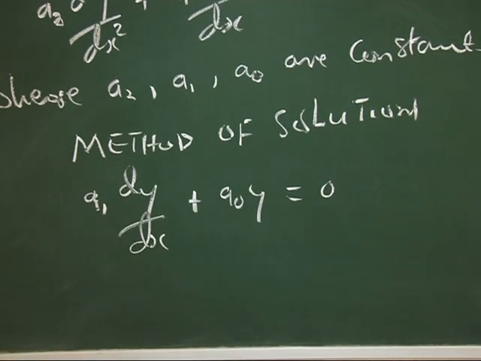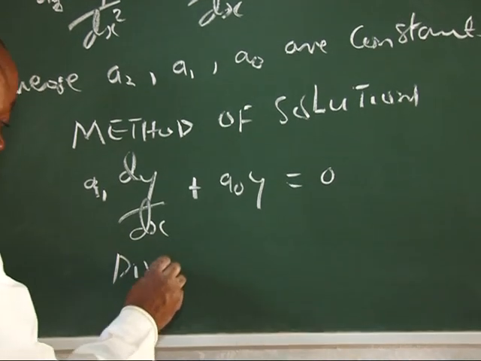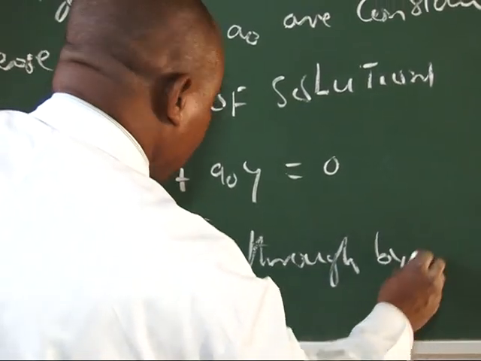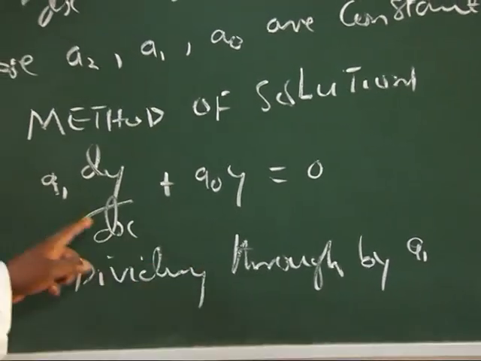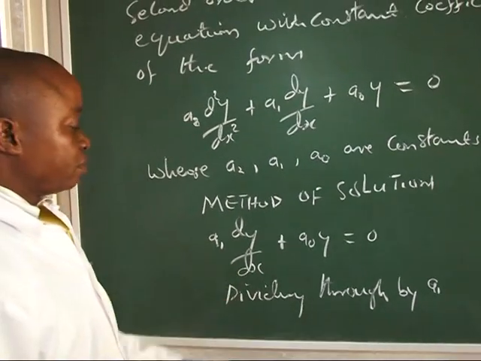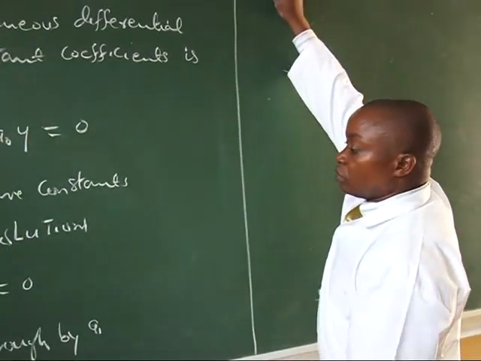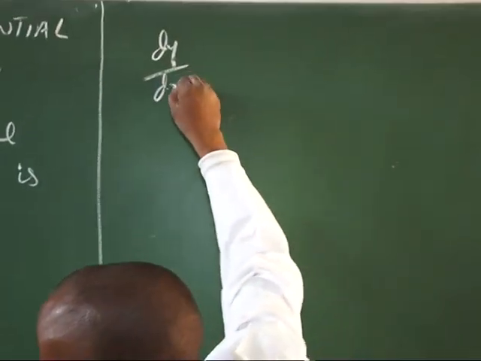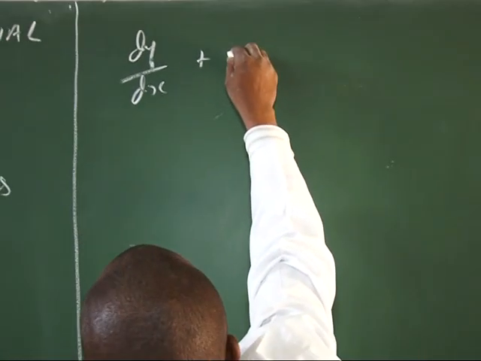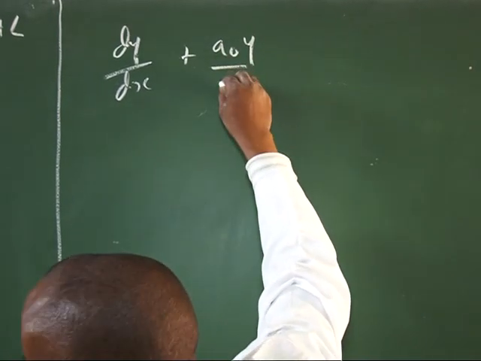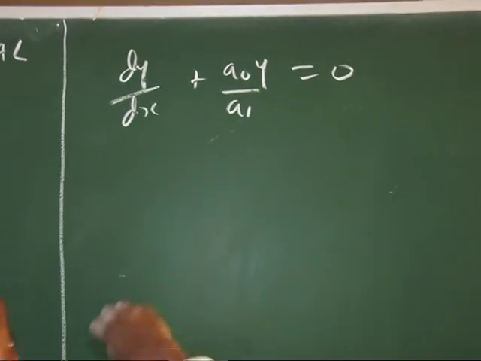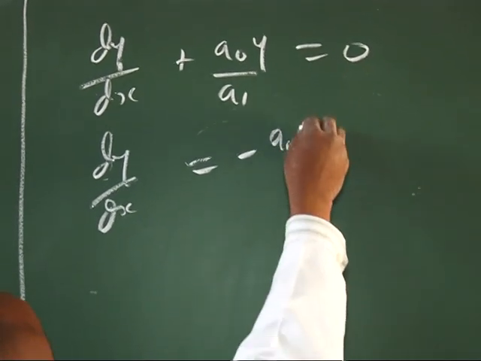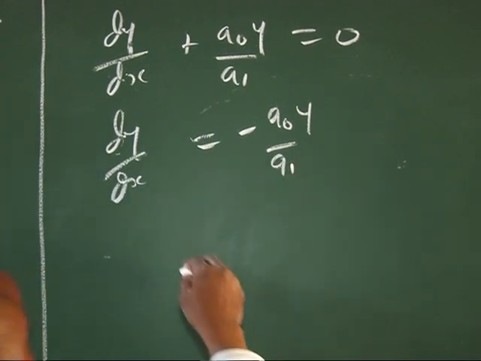Dividing through by a subscript 1, that is the coefficient of dy dx, we will have dy dx plus a subscript 0 y over a subscript 1 is equal to 0, which means that dy dx will be equal to minus a subscript 0 over a subscript 1 times y.